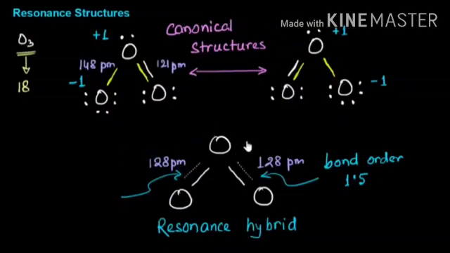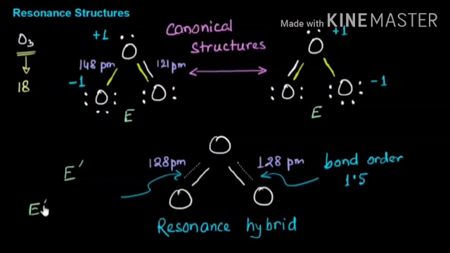There are some conditions for writing resonance structures. The contributing structures should have the same atomic positions. Another is that the contributing structures should have the same number of unpaired electrons.